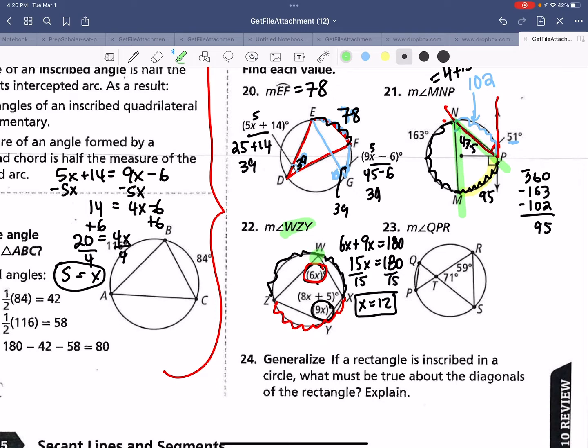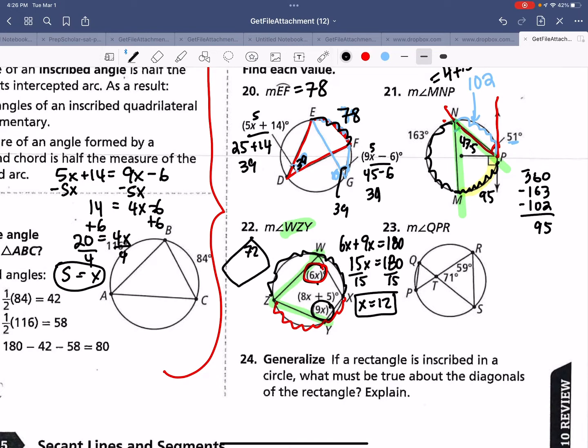Okay, so what is WZY? Ugh, they're so mean to me. I got to solve for all these angles. Okay, so 6 times 12 is 72. So I'm going to redraw this.